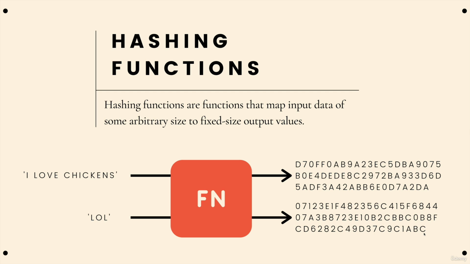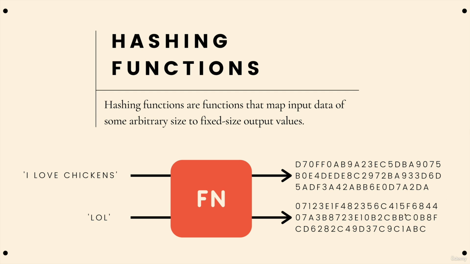It doesn't have to be hexadecimal. Any number can be turned from hexadecimal to decimal or to binary. Numbers are numbers. This is just one way of representing them. They would be a little bit longer if this was a decimal number. Anyway, it's a fixed size. So the input here is a sentence. The input here is 3 characters. The input could be a file potentially, or it could be a single number.